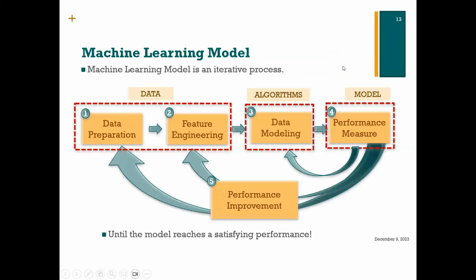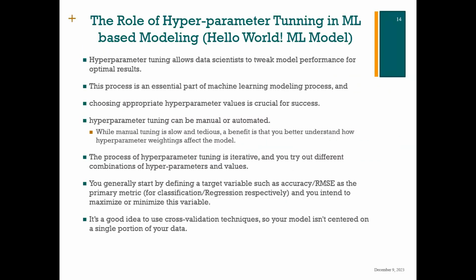Most especially, we did mention stage by stage the role it plays in the machine learning modeling process. And we demonstrated for us last time in the Weka environment, after letting us realize that it's always a good approach to use the cross-validation techniques so that your model is not centered on a single portion of your data.